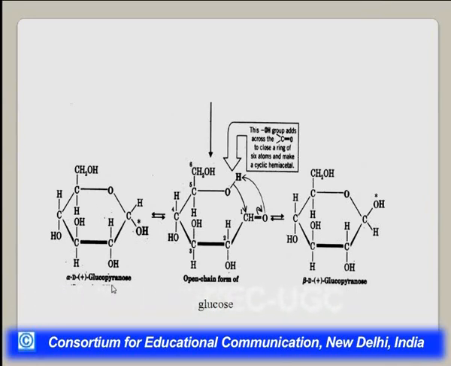So this is alpha D glucopyranose, because it resembles the pyranose structure. Pyran is a ring with an O in it, so it resembles pyran, and we say glucopyranose. Because of the position of this hydroxyl group, this is alpha, and because of the hydroxyl group at the last asymmetric carbon atom, it is D. So these are two possibilities, alpha D glucopyranose and beta D glucopyranose.